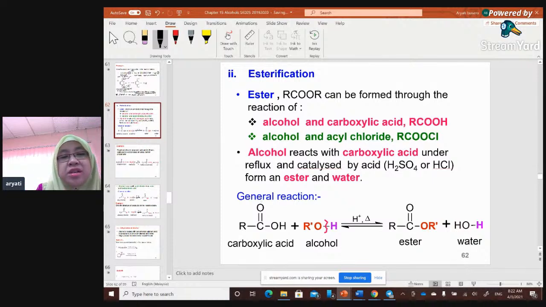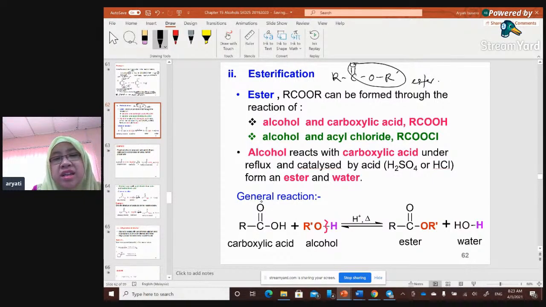First, you must remember the structure of ester: R, C double bond O, O, R prime. Alcohol reacts with carboxylic acid under reflux, catalyzed by acid H2SO4 or HCl, to form an ester and water. For example, this is the carboxylic acid RC double bond OOH.